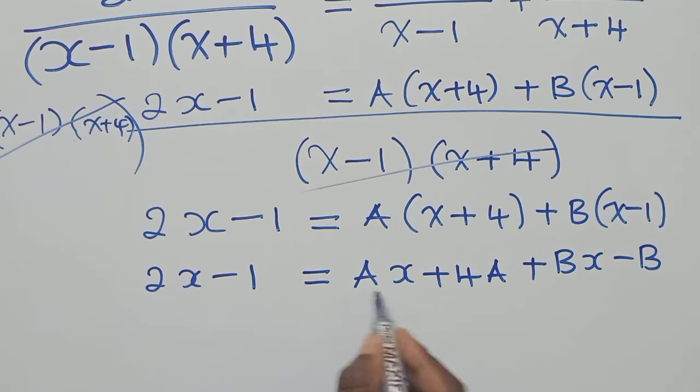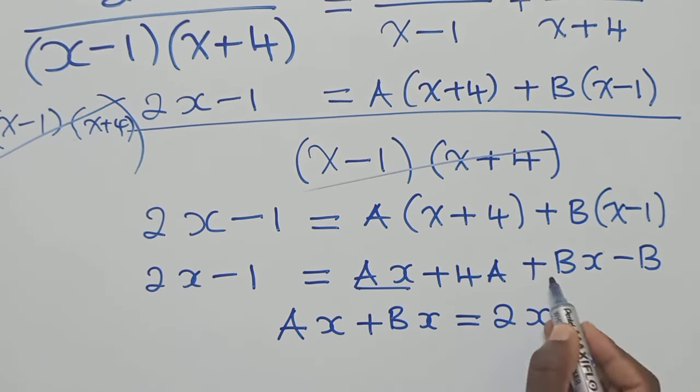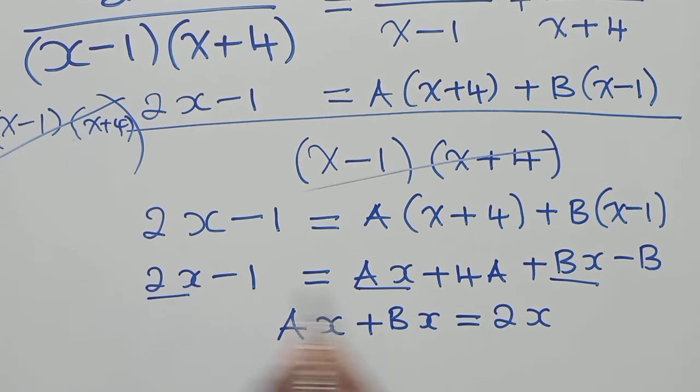So we start with this, get Ax + Bx is equal to 2x. You see what I've done? I've gotten this is equal to this because they are all having the x.